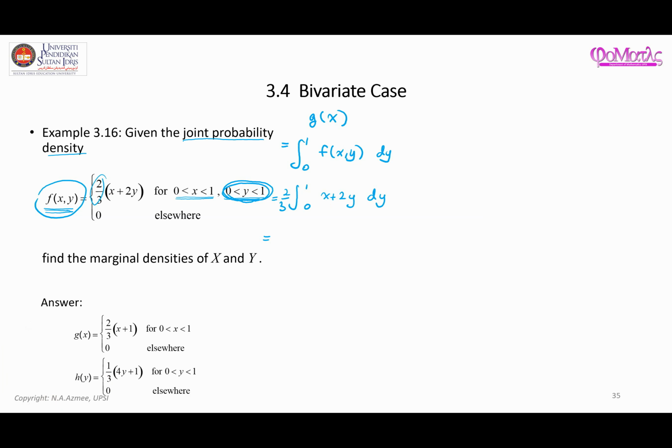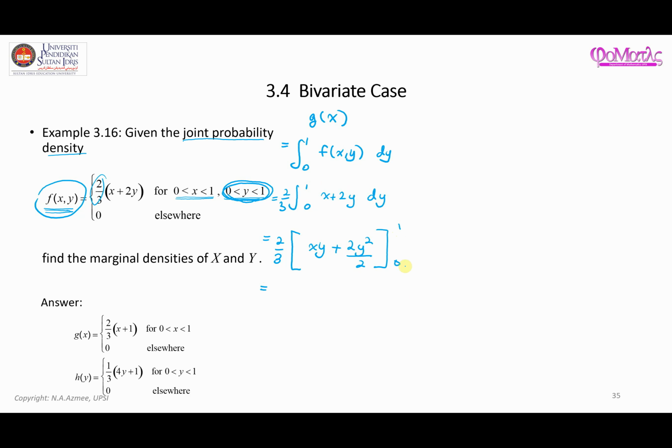Now I'm going to integrate this. So x is considered a constant because it doesn't depend on y, therefore our result is xy. And for this one, if you integrate it, you will get 2y squared over 2, and you take the limits as 1 and 0.